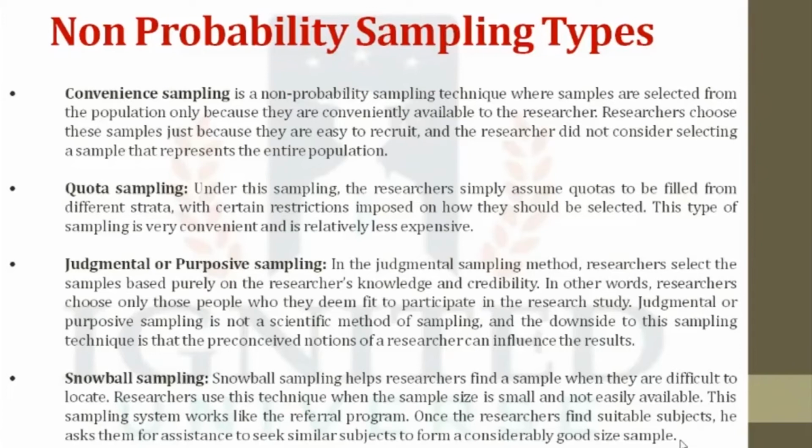Researchers use this technique when the sample size is small and not easily available. As said, this sampling system works like a referral program. These were the different types of non-probability sampling techniques.